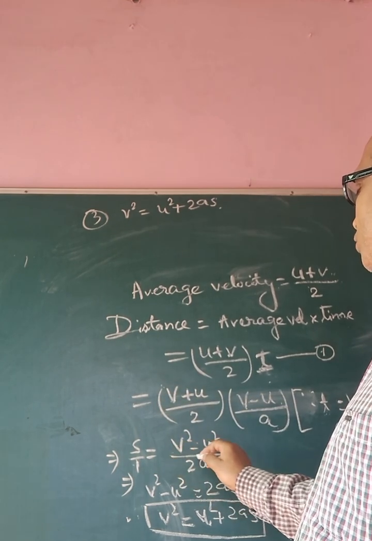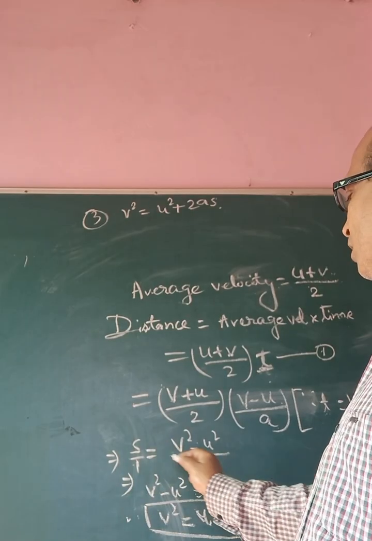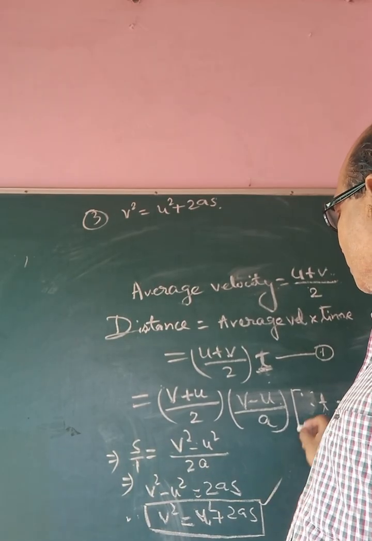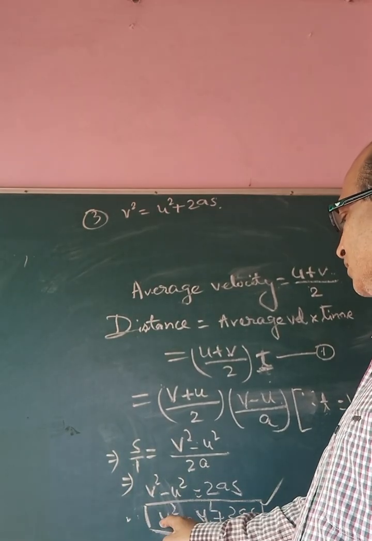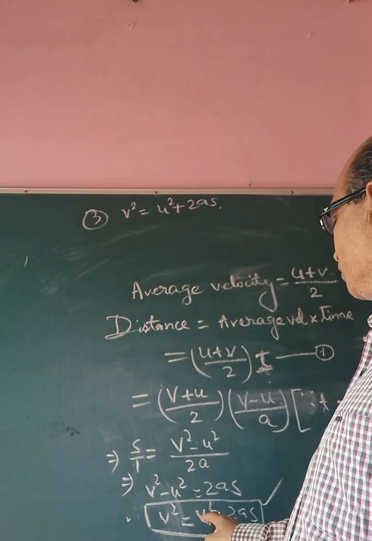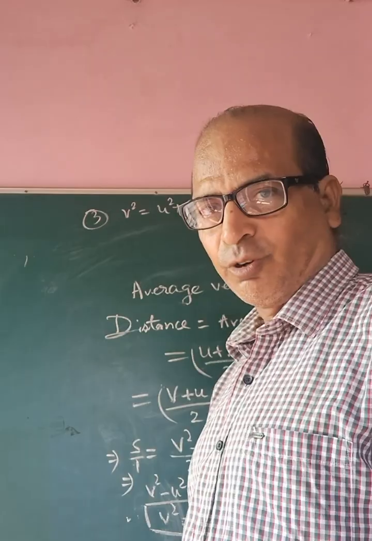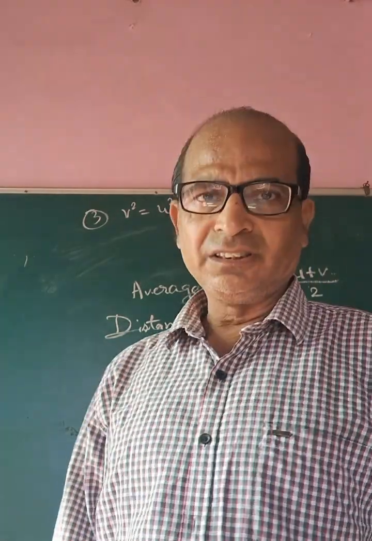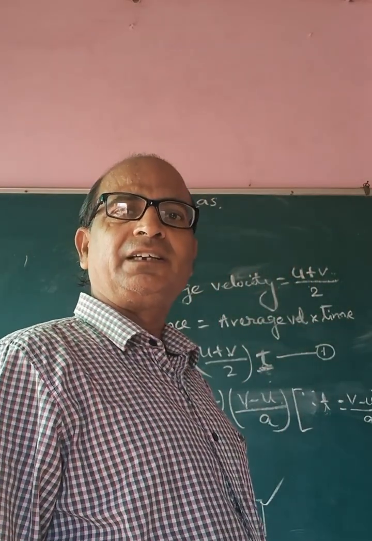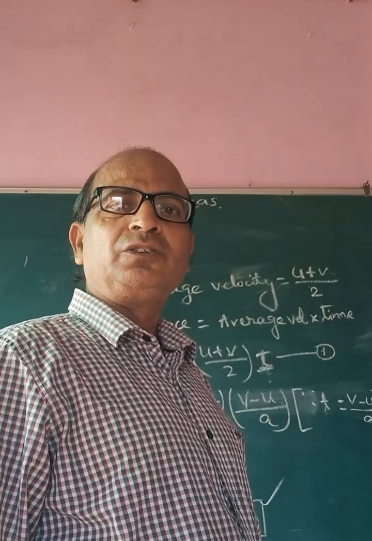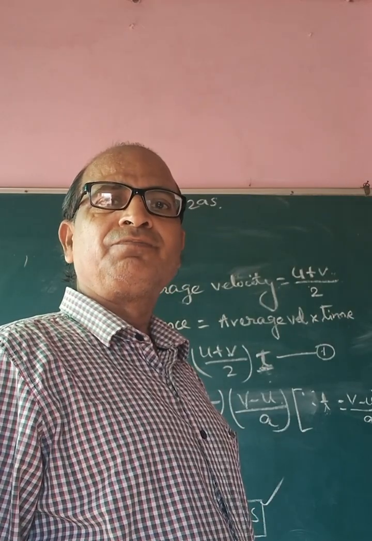So that is equal to v square minus u square by 2a. Cross multiplying, we will get the third equation of motion. Here v is the final velocity, u is the initial velocity, a is the acceleration, s is the distance traveled by the body.